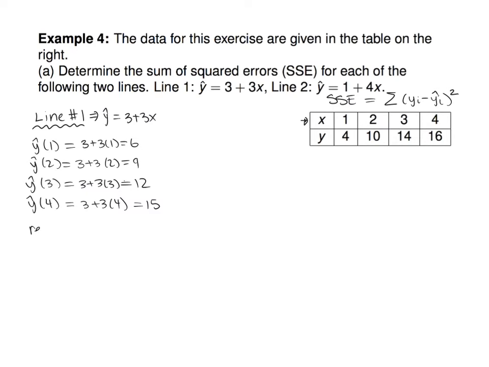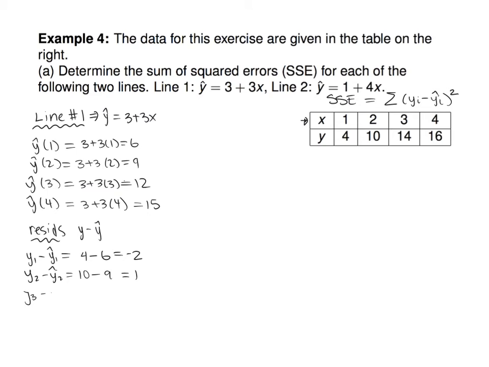Now let's find the residuals. Remember, that's y minus y hat. So first we have y sub 1 minus y sub 1 hat, first y minus first predicted y. That's 4 minus 6, or negative 2. Second y minus second predicted y will be 10 minus 9, which is 1.